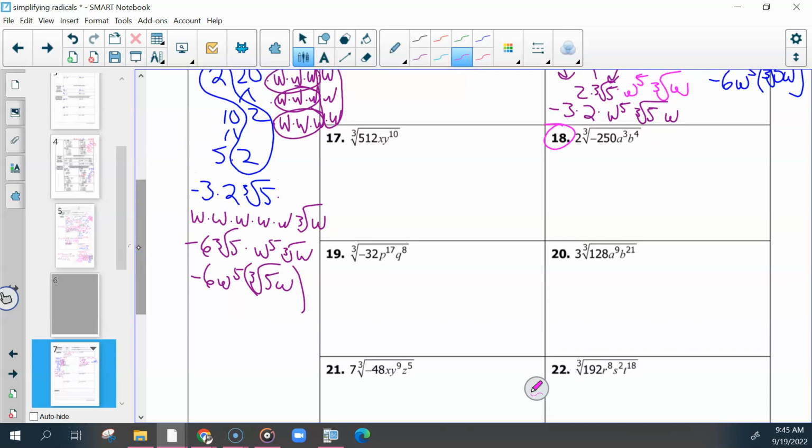So if we're doing this the perfect cube way, first, let's take this negative out. That way we don't have to worry about it later. Is 250 a perfect cube already? No. Okay. What is the highest perfect cube we can divide 250 by? Think about your perfect cubes.